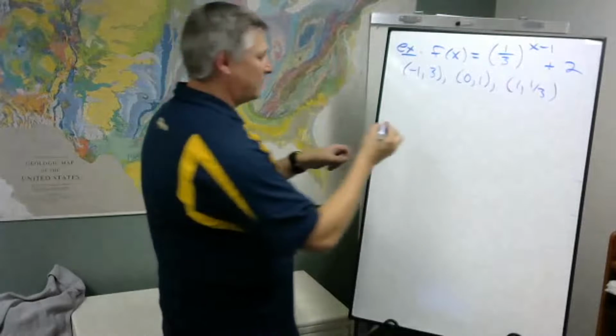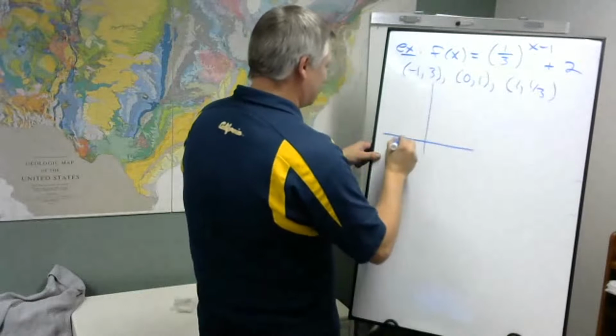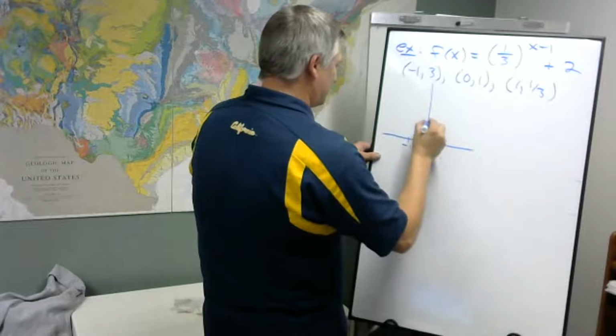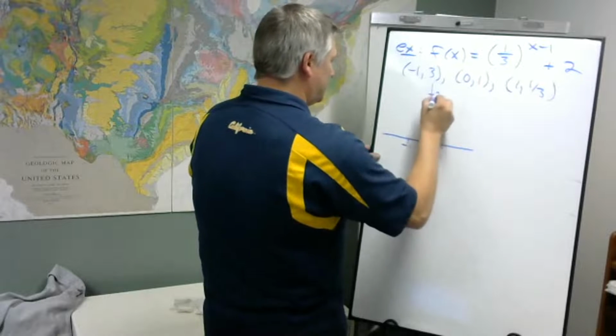So if we draw our base function, there's 1, 2, 3.